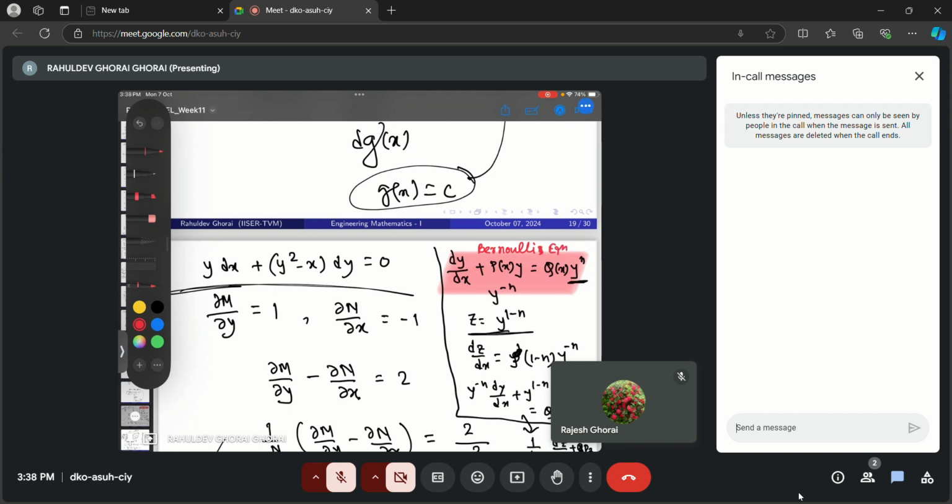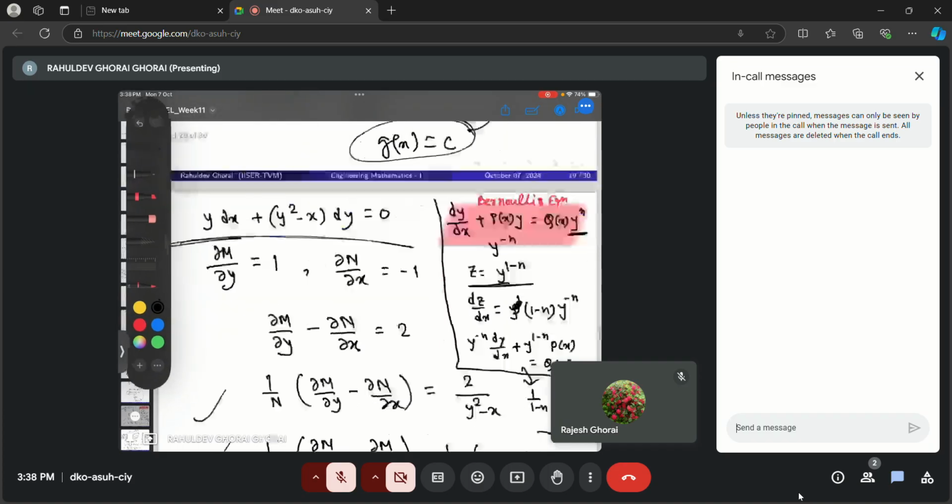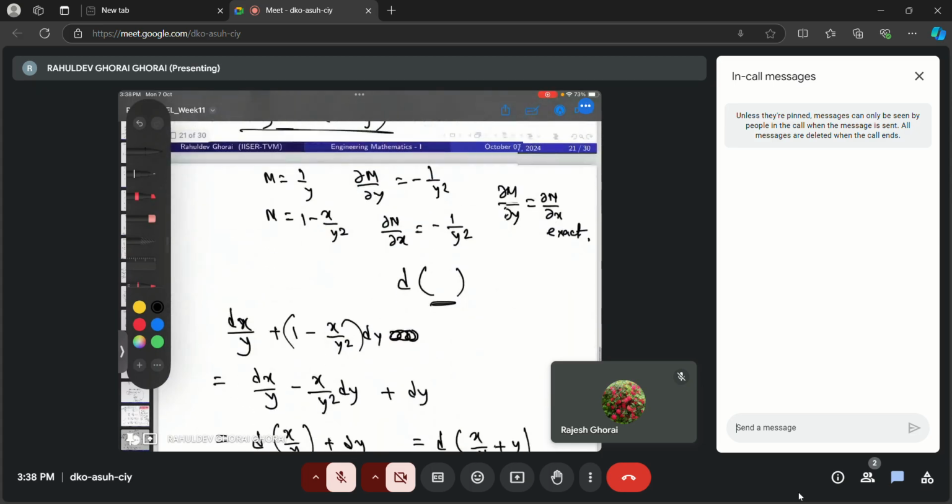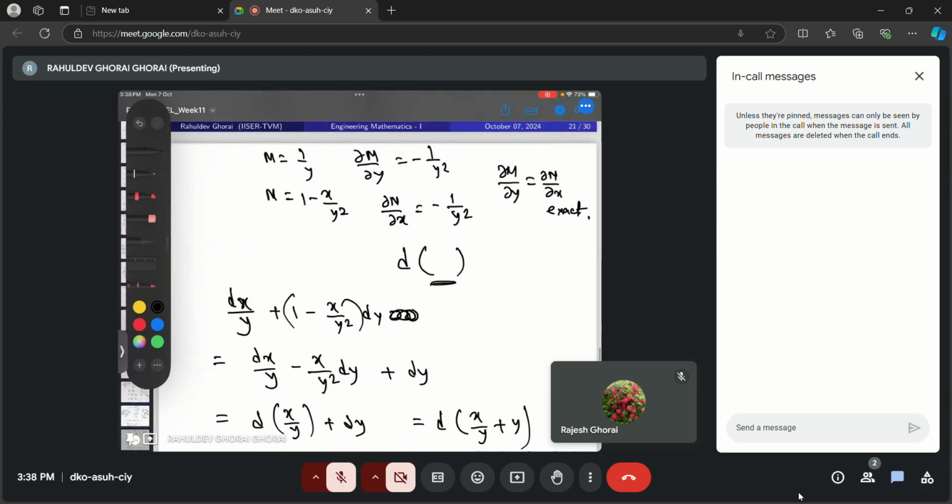This Bernoulli equation, you can change it to a very simple first order differential equation, and then you can get the solution very easily.